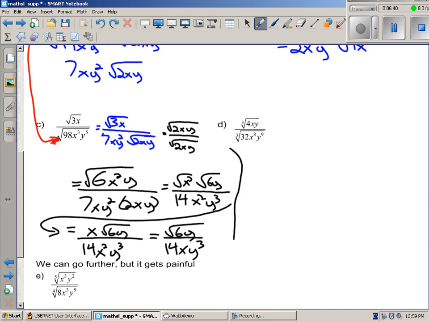Okay. Pretty straightforward when we're dealing with square roots. To get rid of a square root, all you have to do is multiply by the exact same thing. So root 2xy times root 2xy just made 2xy.